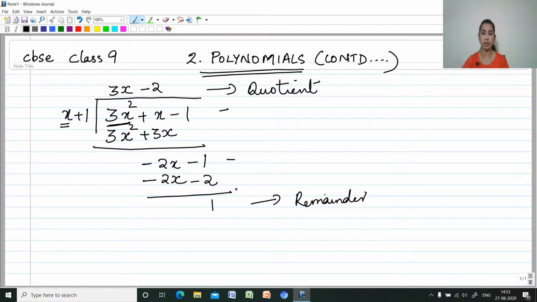The same thing we can do using the remainder theorem. But what is the remainder theorem? The polynomial p of x here is 3x square plus x minus 1.